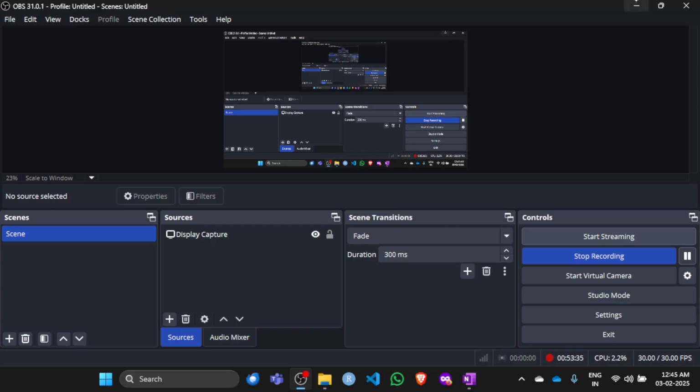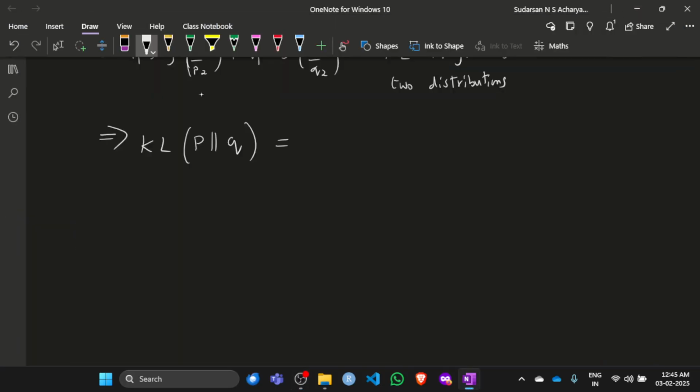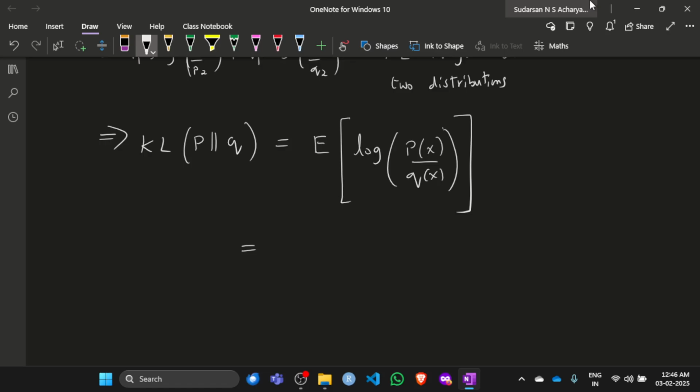Okay, so the KL divergence between two distributions is defined as the expected value of the log of the likelihood ratio. So what is this? There is some random variable. I know that the true distribution is P. What do I mean by that?